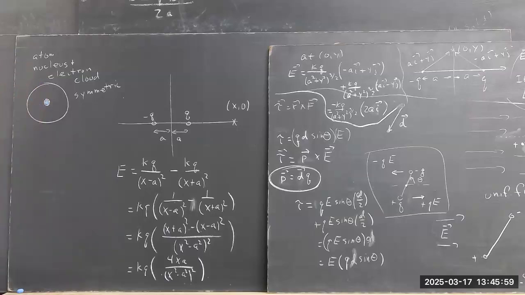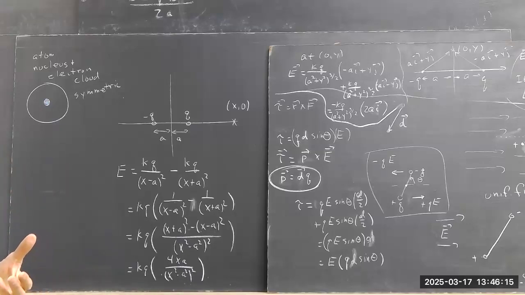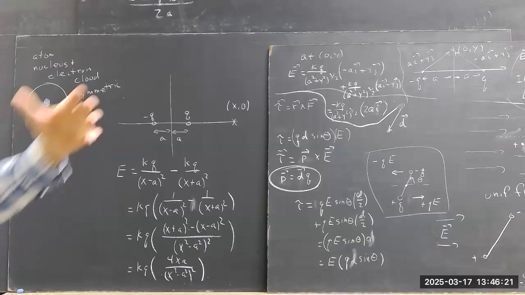But the center of mass of the electron cloud is at the same point as the nucleus, even though the electron is never at the same place. It's on this side, it's on this side, it's at this distance, it's at this distance.